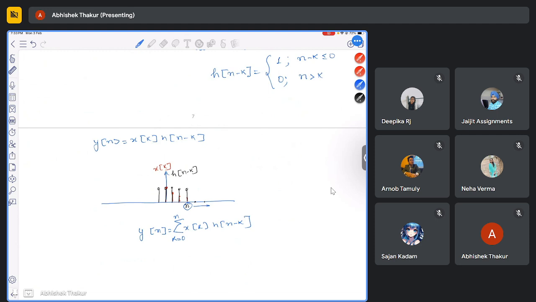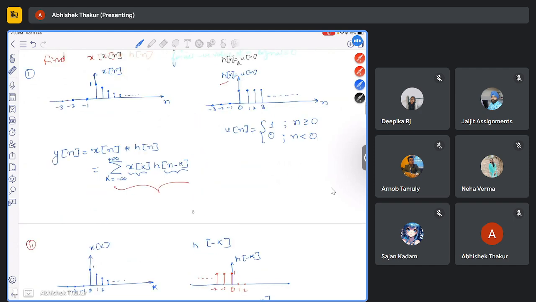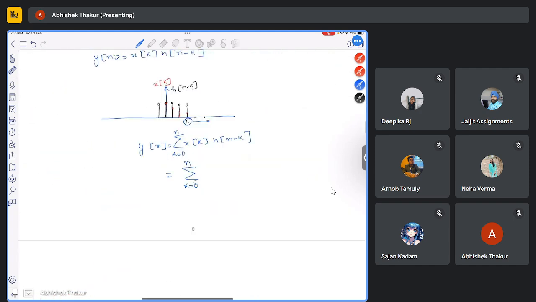Now k is equal to 0 to n. And what is x of k given? It is a to the power of k. And h of n minus k is 1 between 0 and n. So this summation of a to the k, what is the value? It is 1 minus a to the power of n plus 1 divided by 1 minus a, if n is greater than or equal to 0.